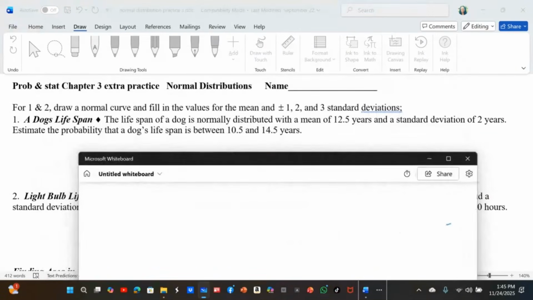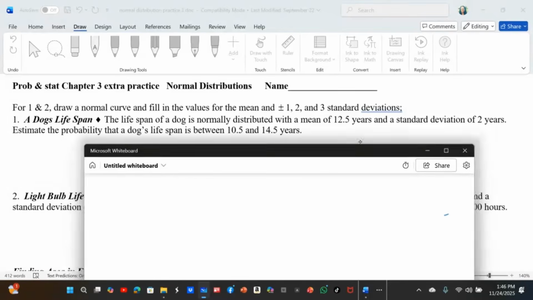This says draw a normal curve and fill in the values for plus or minus 1 standard deviation, plus or minus 2, and so on. A dog's lifespan is normally distributed with a mean of 12.5 and a standard deviation of 2 years. Estimate the probability that a dog's lifespan is between 10.5 and 14.5.